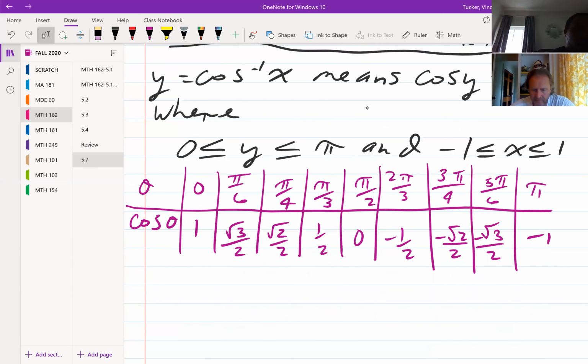All right. So those are our exact values for cosine. Notice in cosine, we're looking at quadrant 1 and quadrant 2, going from 0 to pi. So notice theta goes from 0 to pi.